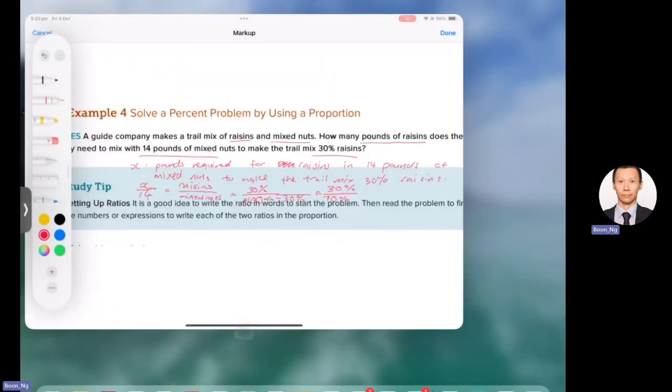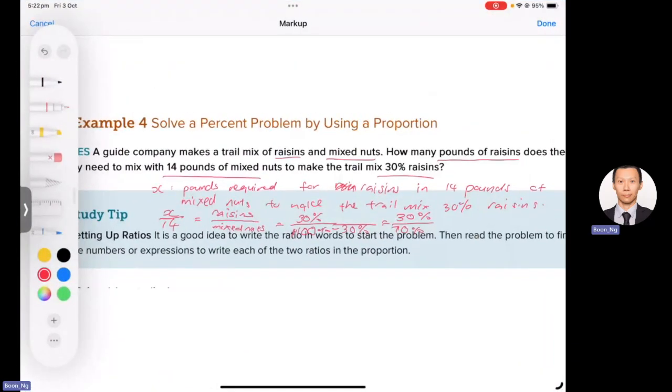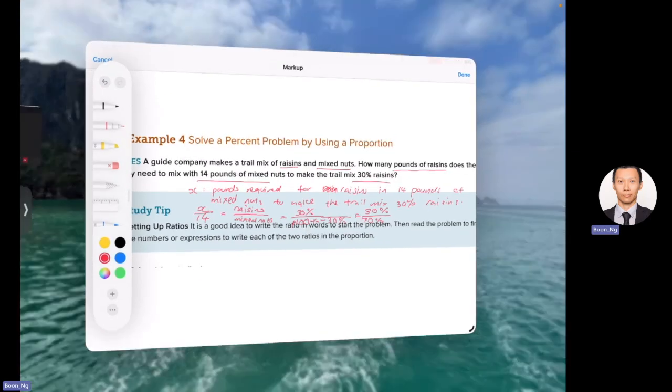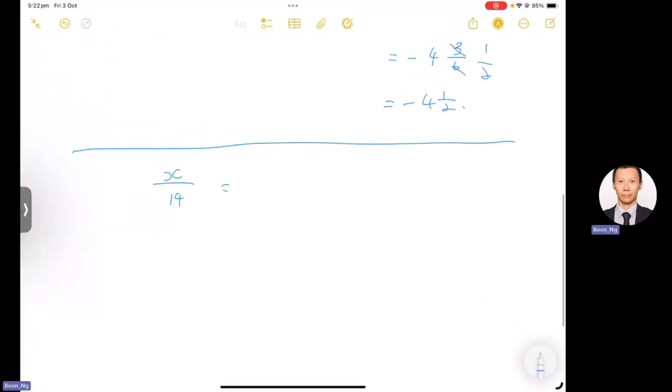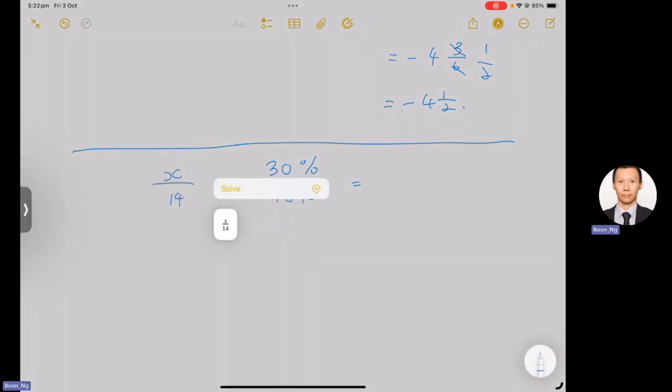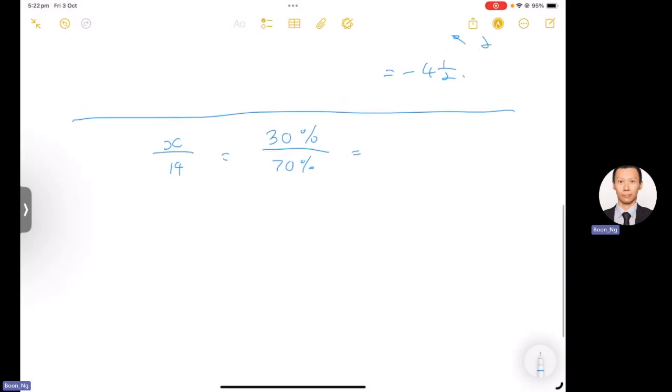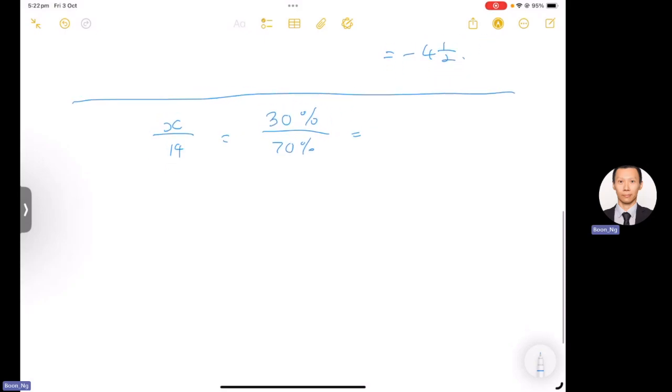Is that correct? x over 14 equal 30% over 70%. 30% over 70% I can rewrite as 3 over 7. So the next step is x over 14 equal 3 over 7.